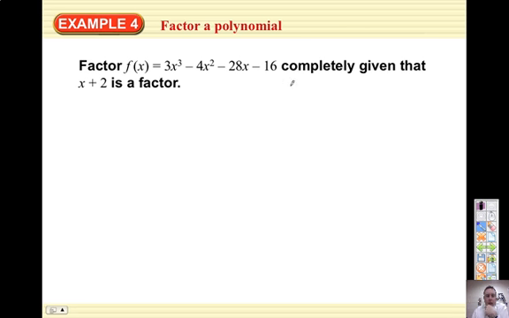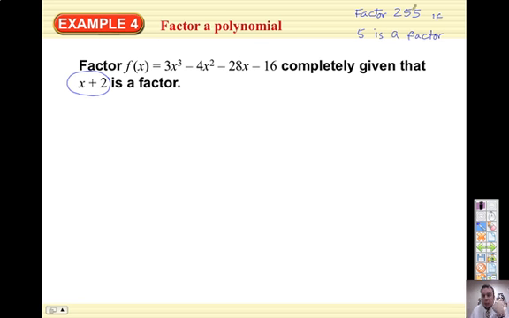Next one, we're going to factor polynomials. We're going to take this and factor it. But what they do is they tell you one of the factors is x plus 2. Let me break it down easier for you. If I told you factor 255, and you're like, I don't know. But what if I told you 5 is a factor of this, which means 5 times something gives me 255?